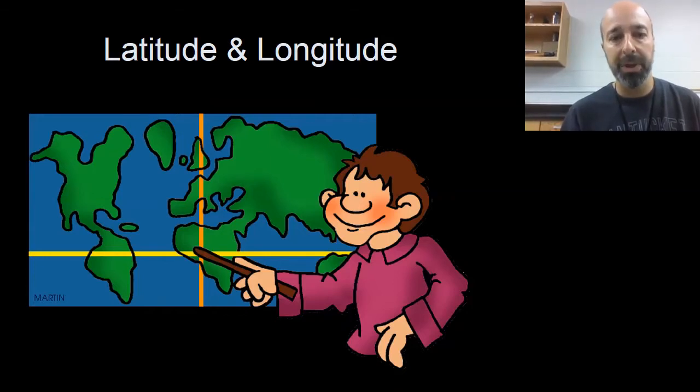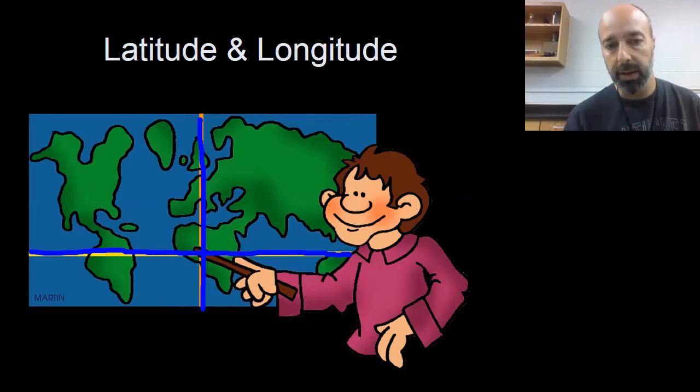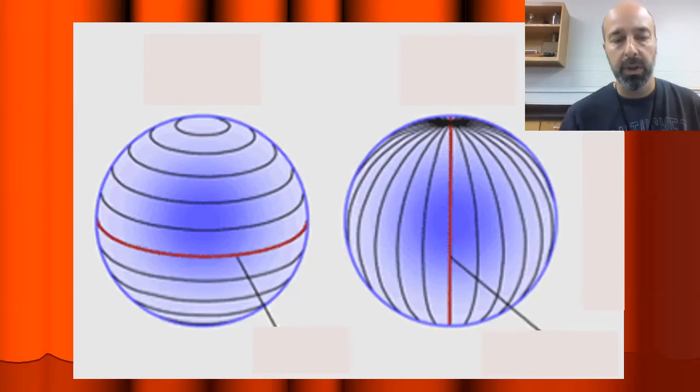Latitude and longitude are basically going to form a grid on the Earth so that you have your up and down lines, that's your line of longitude, and your horizontal lines, and that's your line of latitude. And as long as you have those two lines and you can figure out where they intersect, then you can find any place you want on the Earth. So please fill these things in your notes as we go along.